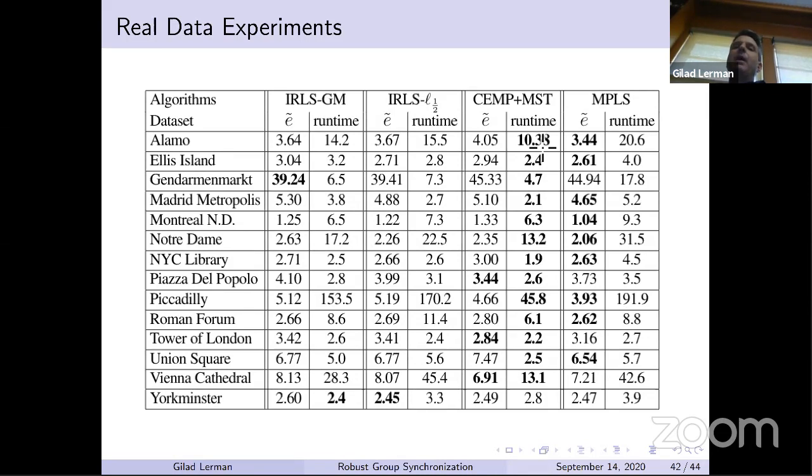The MPLS algorithm can significantly improve the errors. So for most data sets, it gives the best errors. And even if not, it gives close errors, maybe except for the Gendarmenmarkt in Berlin, where you have actually two identical buildings. So it's really hard for a global method to find the correct solution.